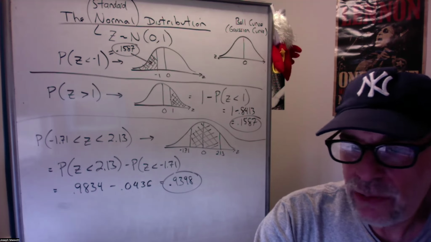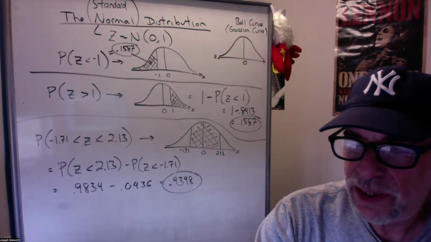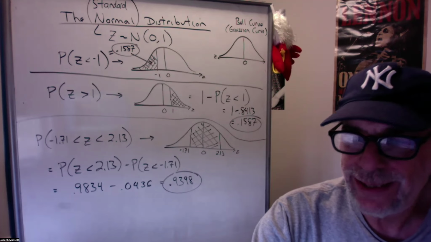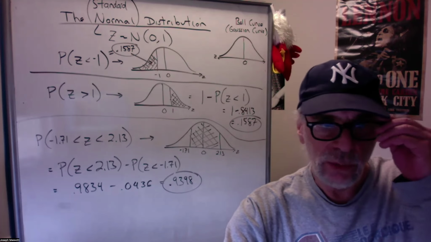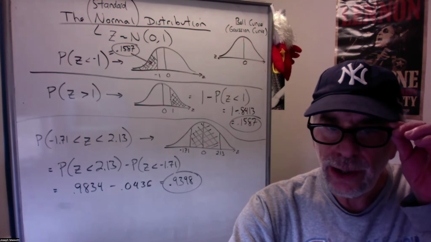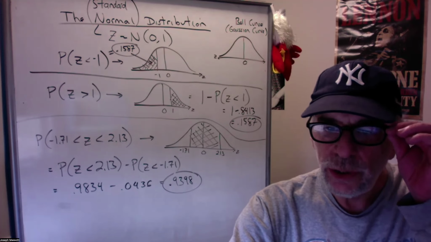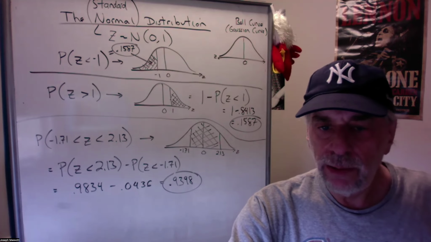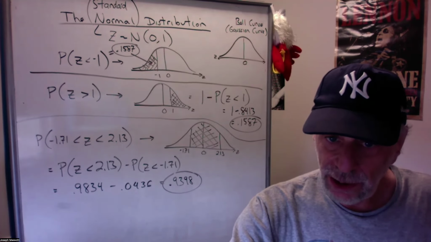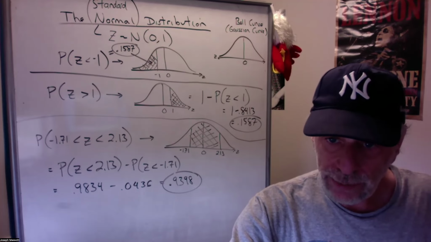Okay, and the only reason we do that is because that's the way the table is set up. The table is set up to give us probabilities less than the z's we're looking up. Here we want the probability greater than 1, so we take the entire area under the curve and we subtract off the probability less than 1, and that's going to leave us with the area that we want.